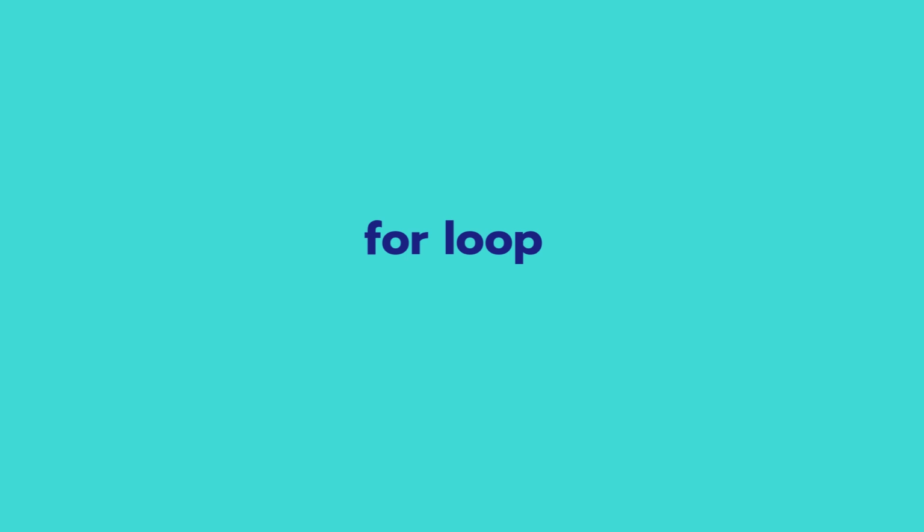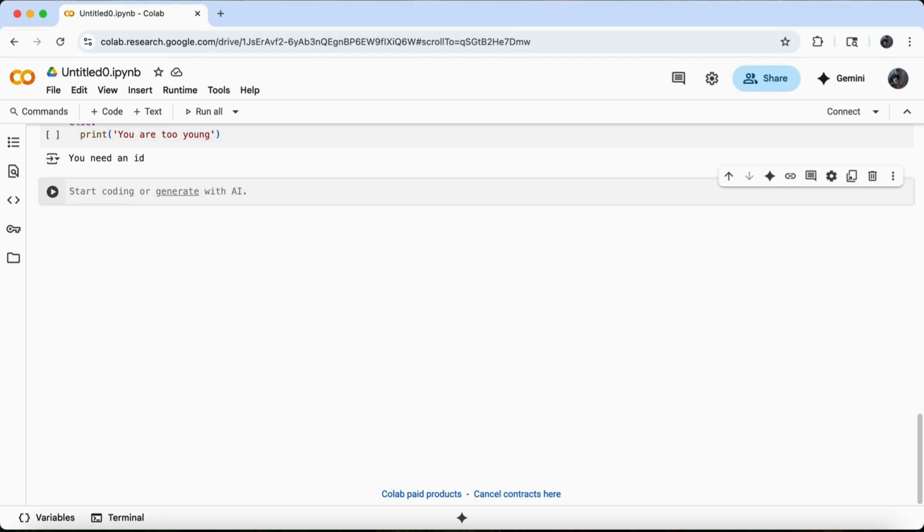So let's move towards our Google Colab and let's see with an example. Let me write the syntax for loop. We use for, then variable i in range. Range we use to provide the number of times we want to execute this loop.